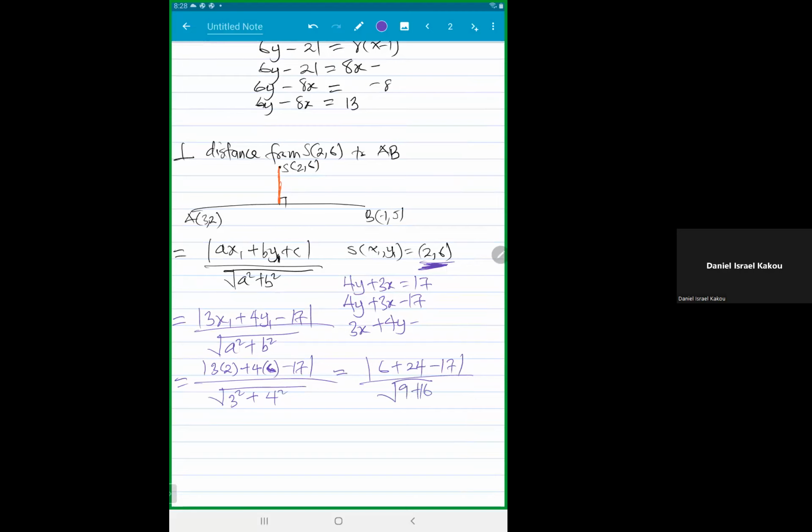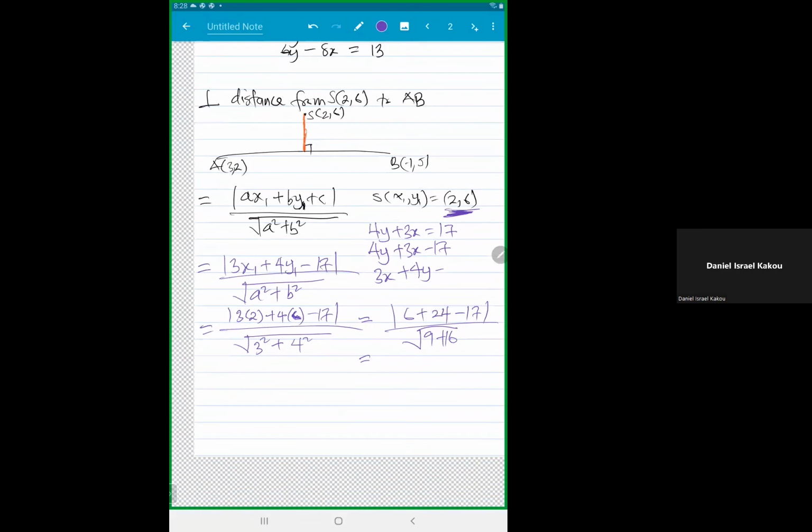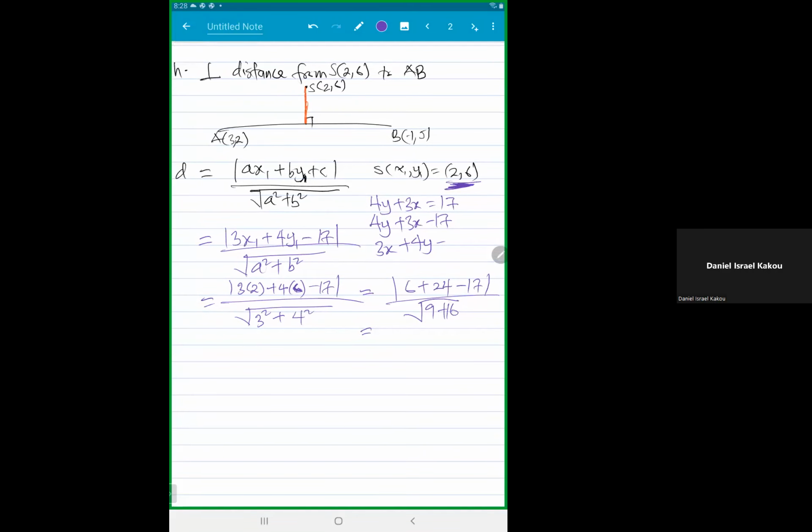So 24 minus 17 is 7, right? So I basically have 6 plus 7 divided by the square root of 25. And that is going to be 13 over 5. So that becomes the distance from the point S to the line AB.